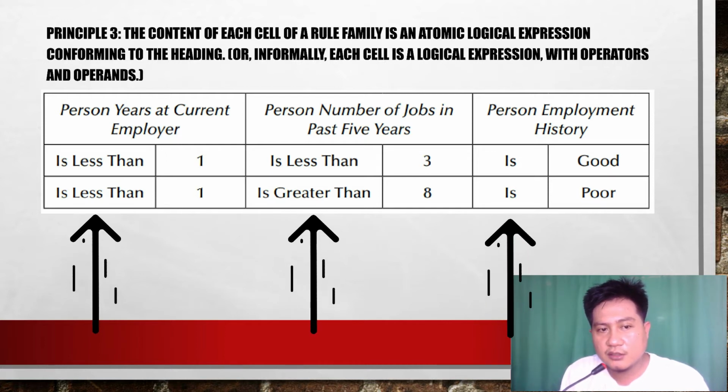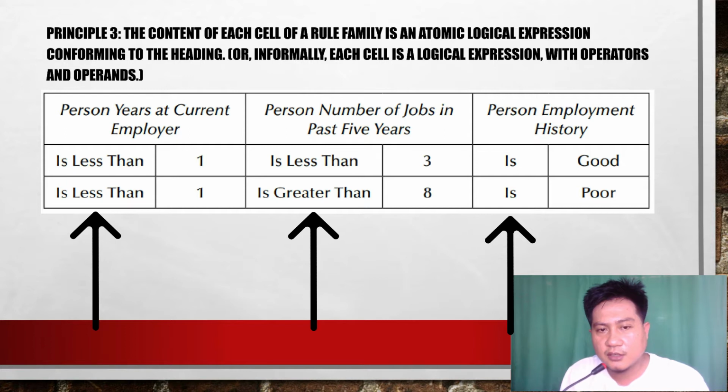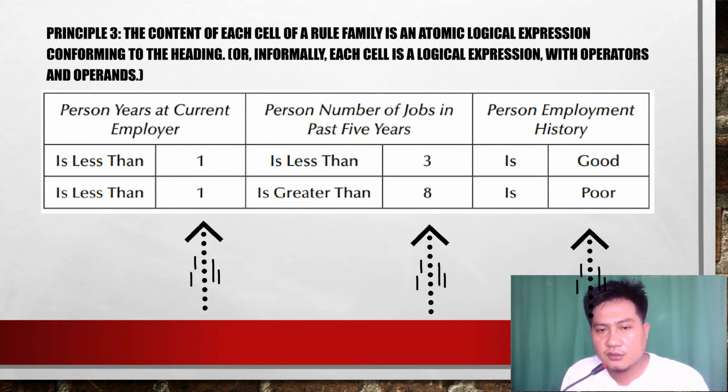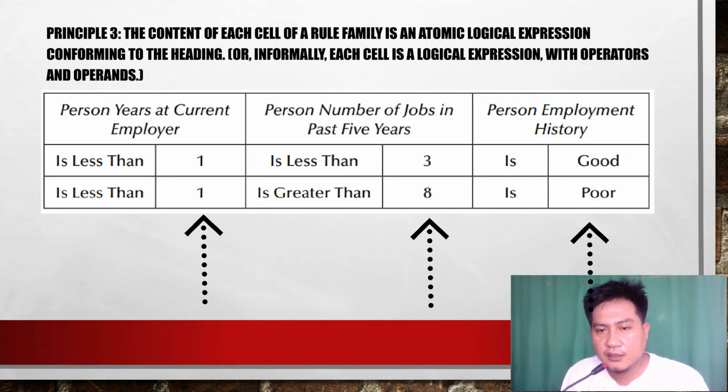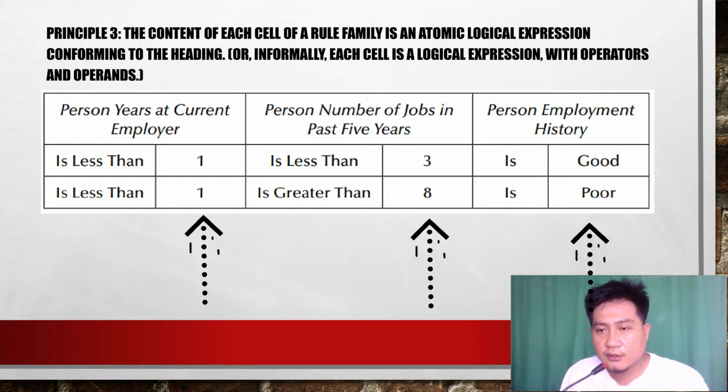So in here, these are the operators: is less than, is less than, is less than, is greater than. And then the operands are this 3, this 8. So this is operator, this is operator, this is operand.